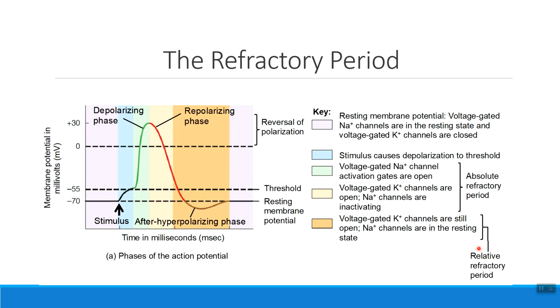The relative refractory period is a problem with my voltage-gated potassium channels. As you're considering this period, keep in mind which type of channel causes each of these problems and see if you can explain why we have this absolute refractory period and this relative refractory period.